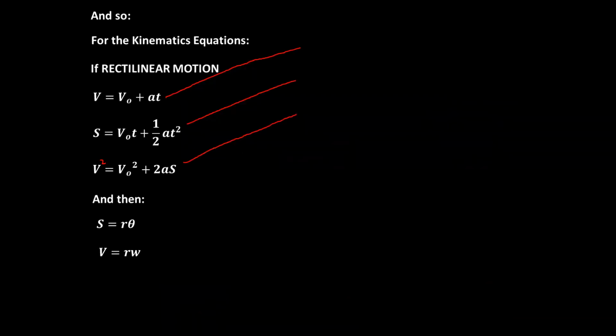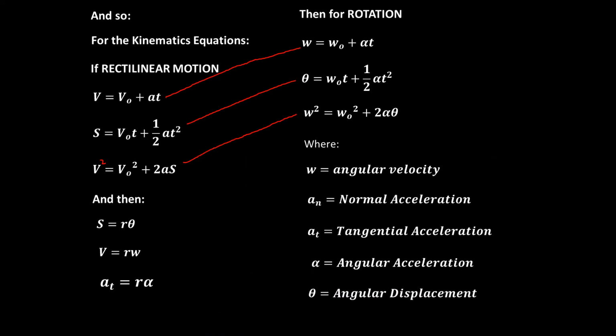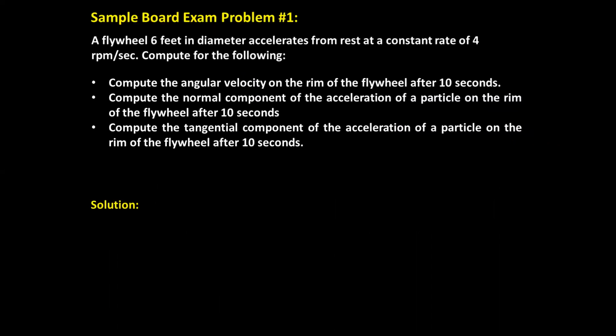Analyze nga natin. Multiply ng 2 pi yung radius, yung alpha. Ano bang ibig sabihin ng alpha kasi? Kung nakikinig kayo kanina. Anong ibig sabihin ng alpha?